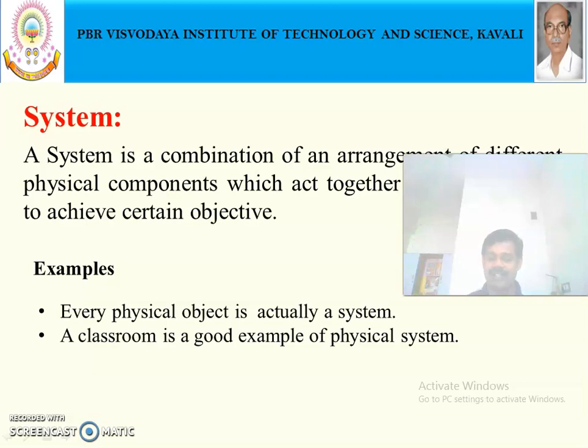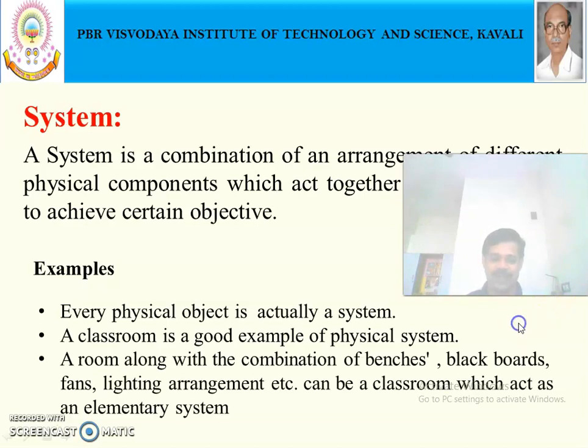All these combined together to form a system. It is having many physical components, and all these physical components are acting as one unit. That one unit is nothing but the classroom. What is the use of the classroom? By using classroom, we are learning. It is having some objective. System will be having some objective.